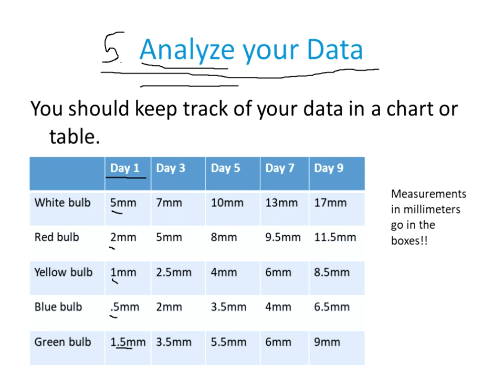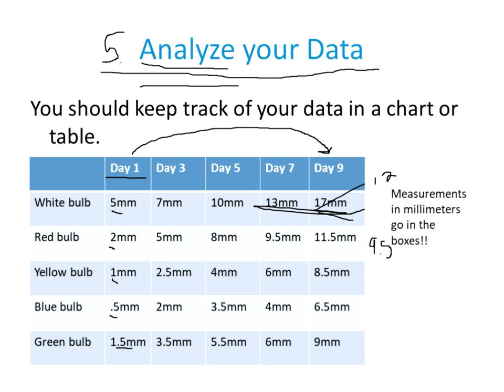But you could count the difference from day 1 to day 9. Day 1 to day 9 for the white was 12, 17 minus 5, right? So that would be 12. 2 to 11.5 is only 9.5 millimeters. Should be putting millimeters at the end of each one.